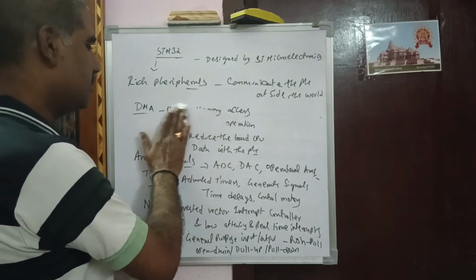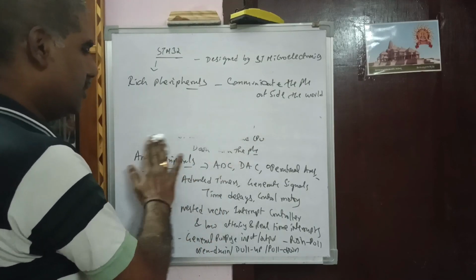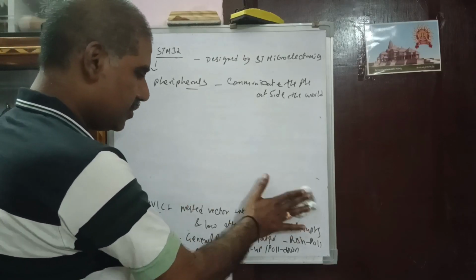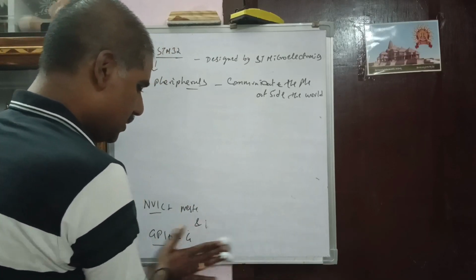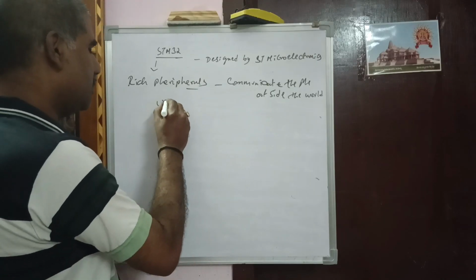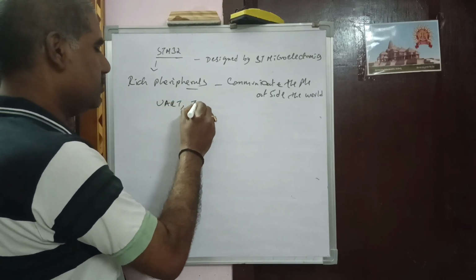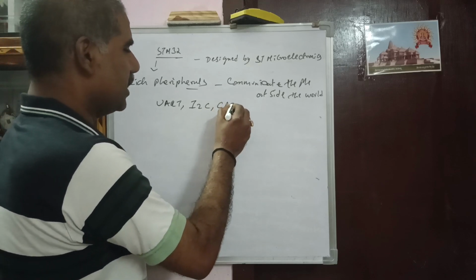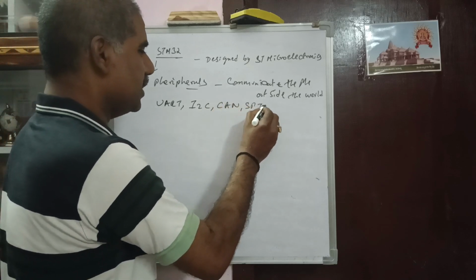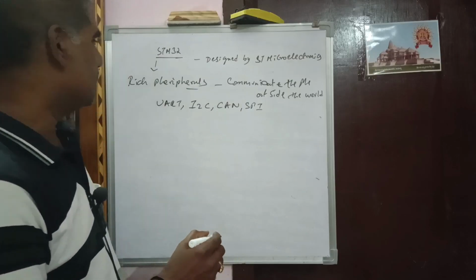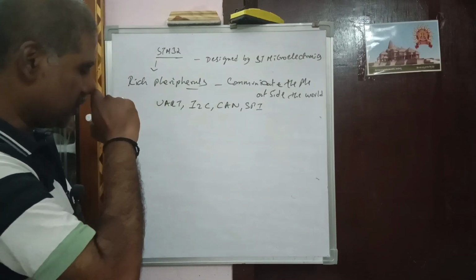Another one is the main peripherals: UART, I2C, inter-integrated circuit, CAN, and SPI. These are the rich peripherals supported by STM32.